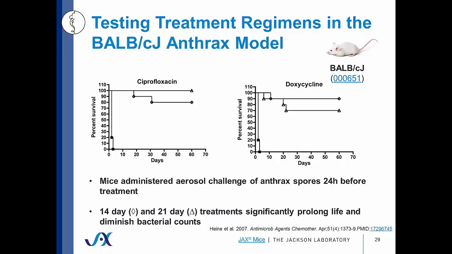We can see that the 21-day treatment with ciprofloxacin and the 14-day treatment of doxycycline prolonged survival, and protected these mice from infection. So this is a nice example showing that knowing the differences between susceptibility between the different strains can be useful in designing a protocol for testing the efficacy of different antibacterial drugs during infection.